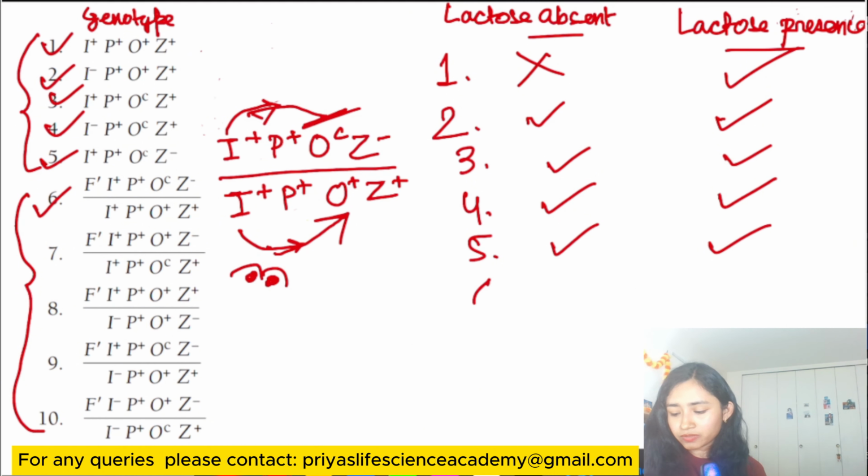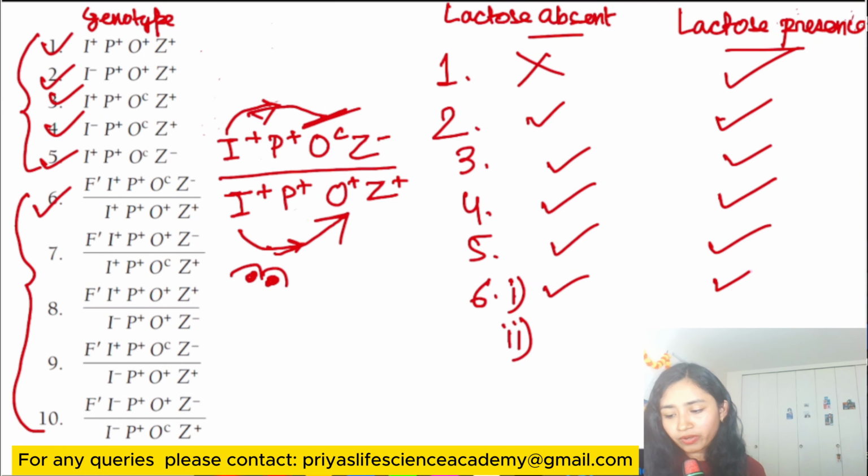Okay, for 6, what we will write? In the absence of lactose, it is turned on, and in the presence of lactose also. For the first operon, in the absence of lactose, it is turned on, and in the presence of lactose, it is also turned on.